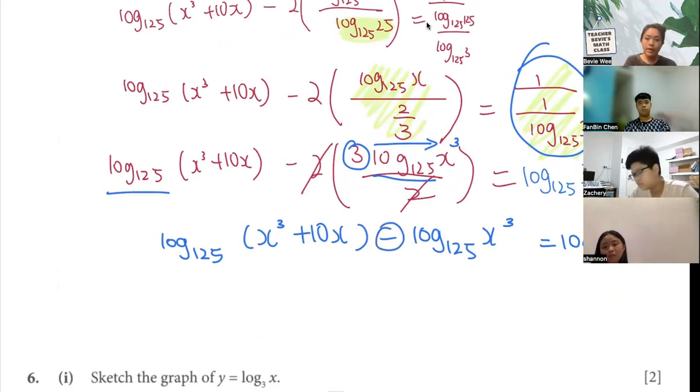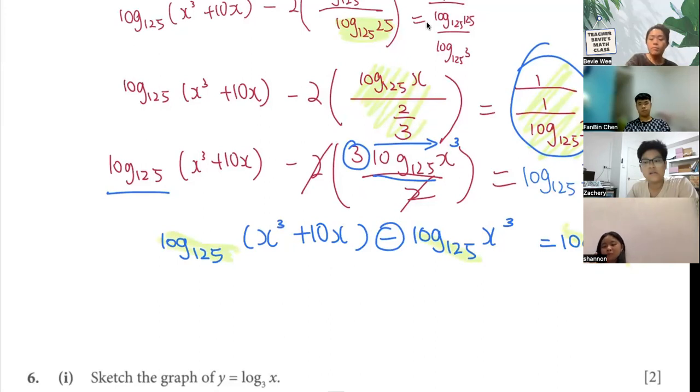And if you have a minus with the bases the same, how do you combine them together? Divide, right? Correct or not? This is a quotient law, correct or not? Your base is the same already.